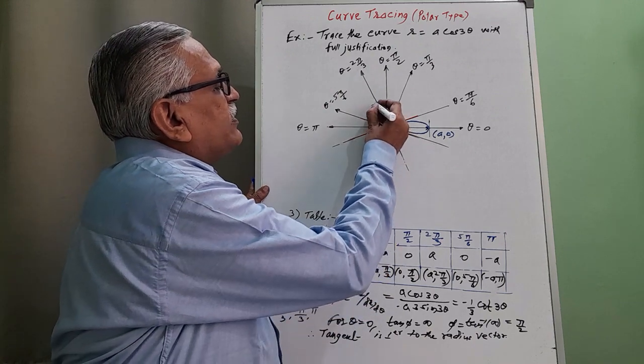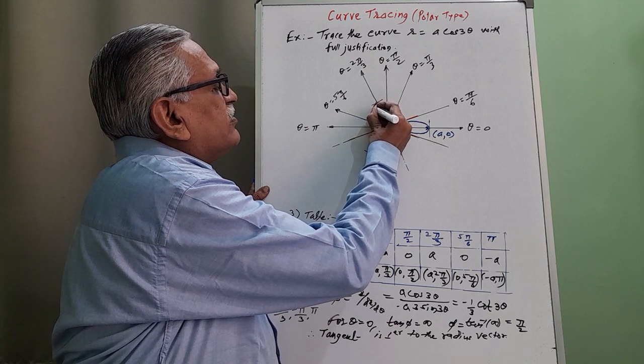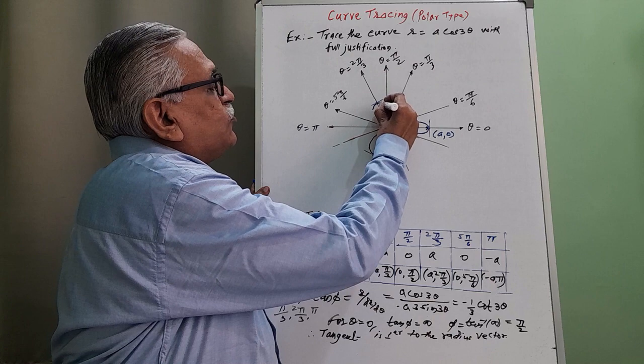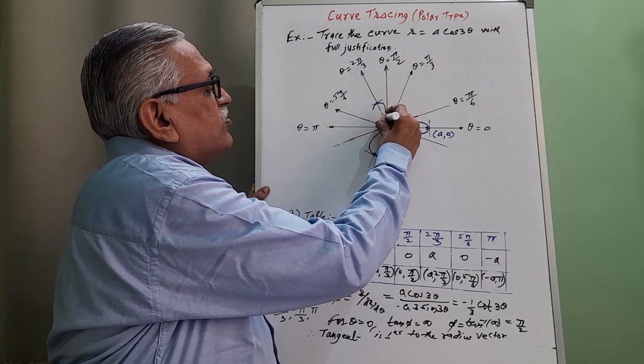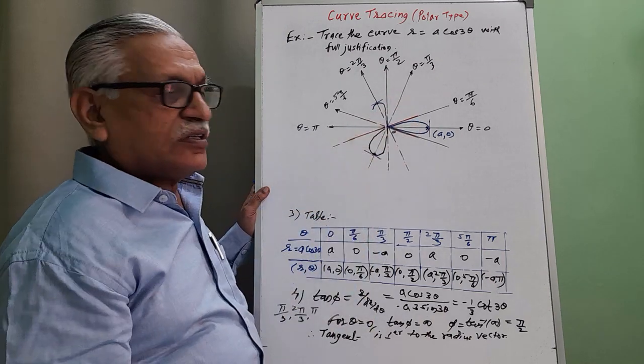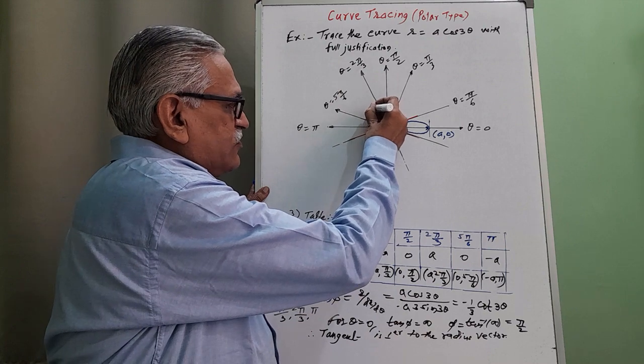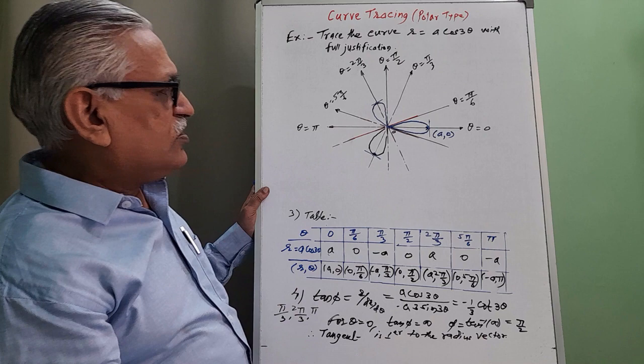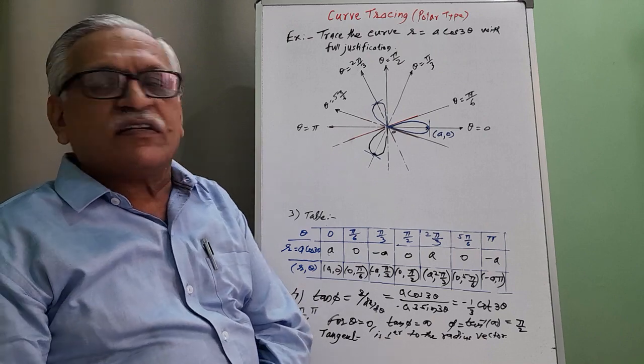Then I will complete here the slightly parabolic part. This parabolic part we have to join to the pole, and this part we have to join to the pole, and therefore we get 3 loops.